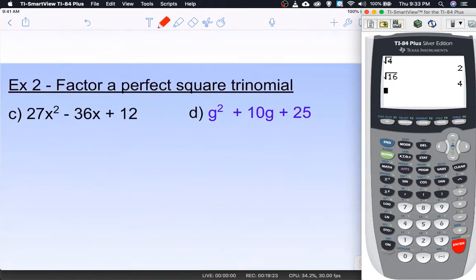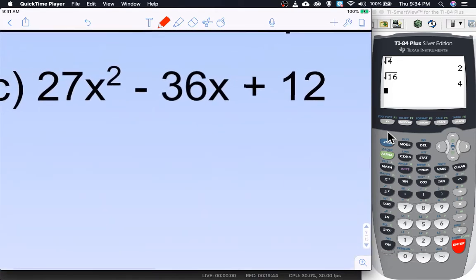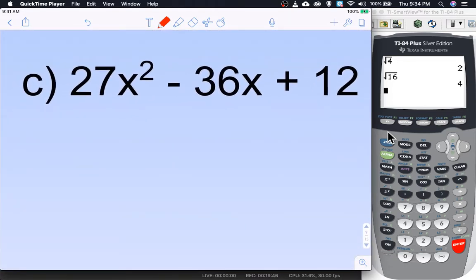All right. Letters C and D. Now, letter C is kind of like one of the previous problems we did, where both the first and last terms are not perfect squares. But I notice each of those three numbers are all divisible by 3.